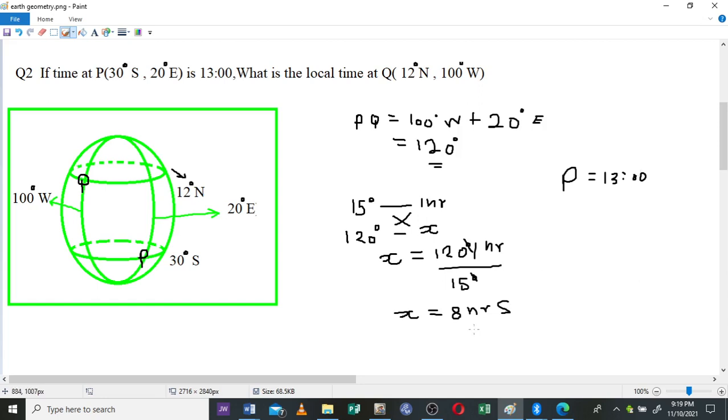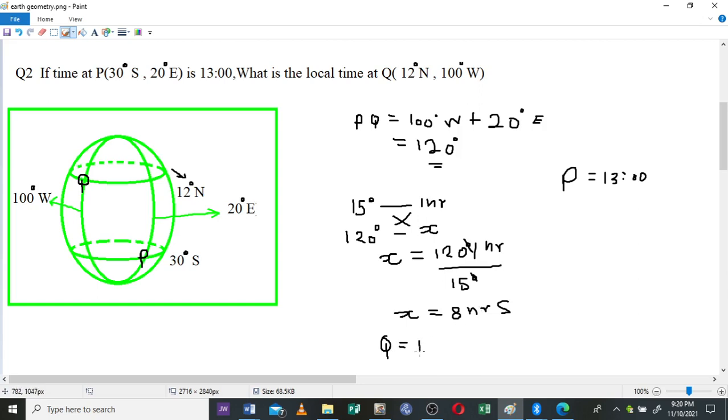So the time difference between these 2 points is 8 hours. That tells you what to do, right? That means the time at point Q, since it's in the west, we lose time and then we subtract, while in the east we gain time and we add. So in the west we have to subtract.